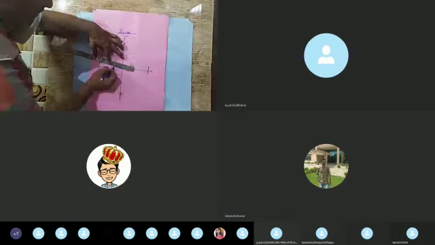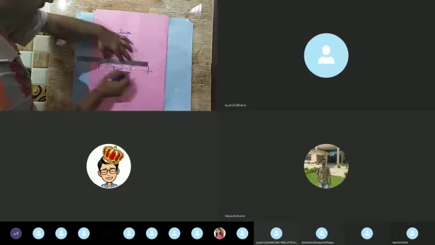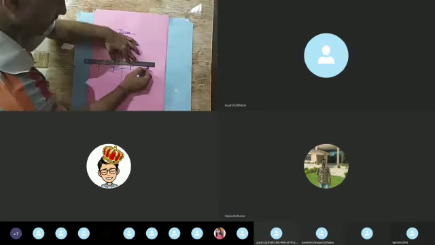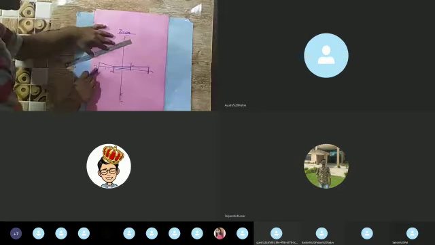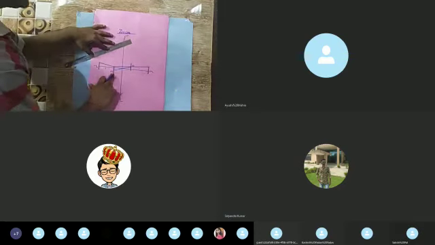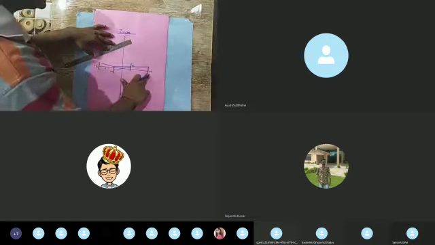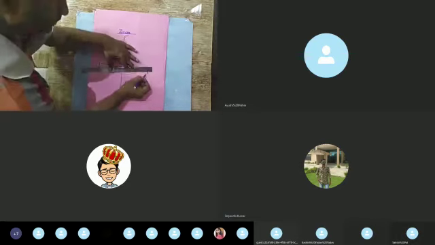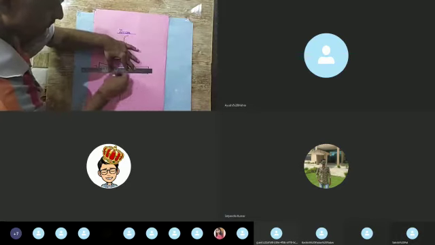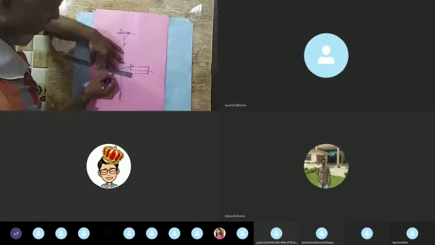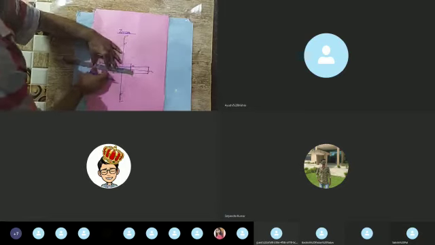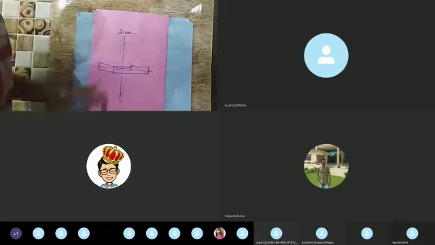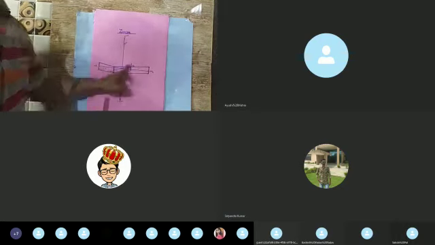So this is the upper part, this one, and upper part, this one. And join the lower part of minus A2 with the lower part of plus A1 and the lower part of plus A2. Okay, like this, a box like.